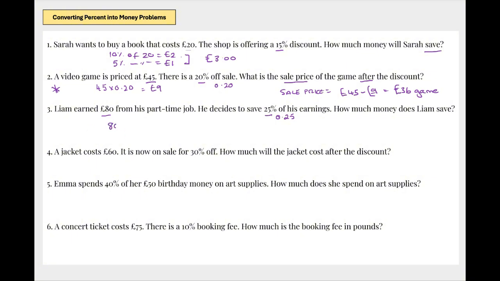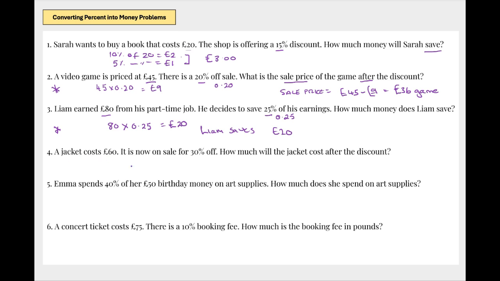So I've got 80 times 0.25, which gives us £20. So he actually saves £20. The more I go on, the more I think, is it a calculated question? Please ask your teacher.